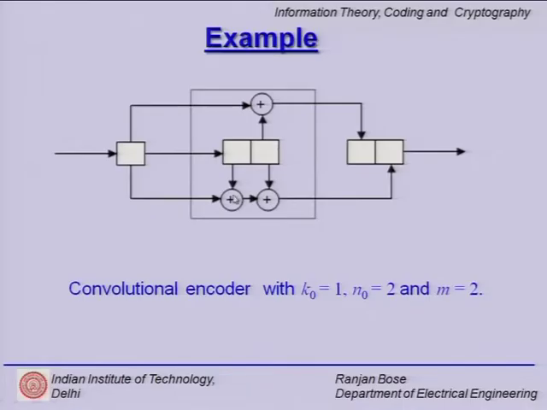And the logic is as follows: whatever is in this memory, binary addition with the current input, binary addition with the second stored bit gives you the output bit 2, and output bit 1 is nothing but the present incoming bit XORed with the second stored bit.